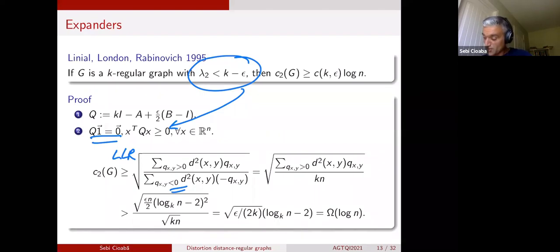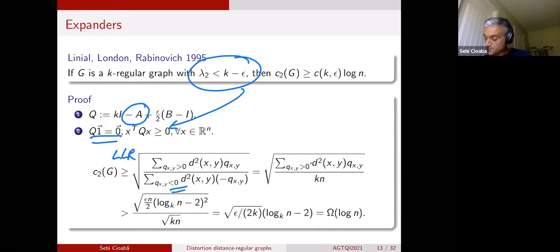And so you see the only negative entries in Q are at minus A, the adjacency matrix ones. And if you sum all of them, you're going to get K times N. That's because the distance squared is 1, and you get that.